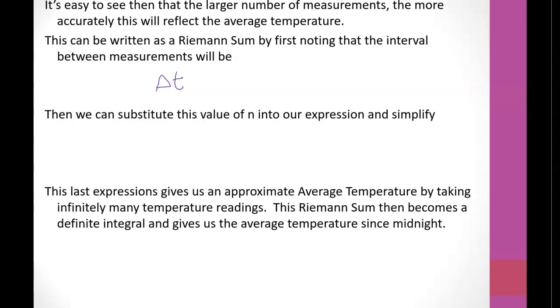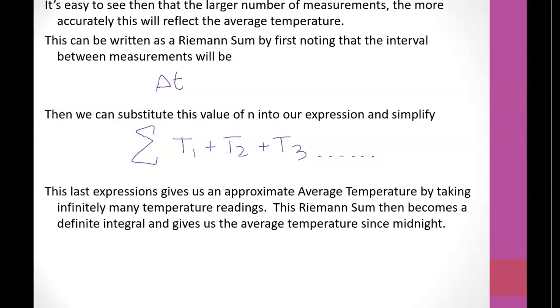Delta t in our Riemann sum is always at the end of that Riemann sum, and it represents the summation of all of those times. So it would be the sum of the temperature at time 1, the temperature at time 2, the temperature at time 3, and so on and so forth.